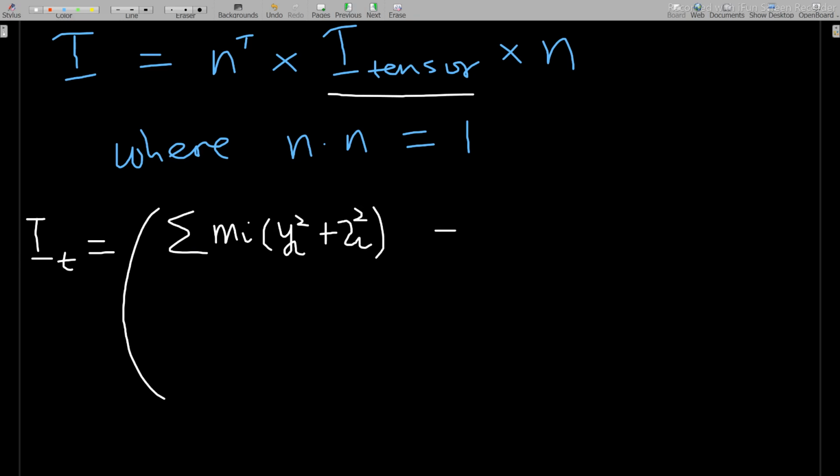Then go to the second entry, minus summation m_i x_i y_i.